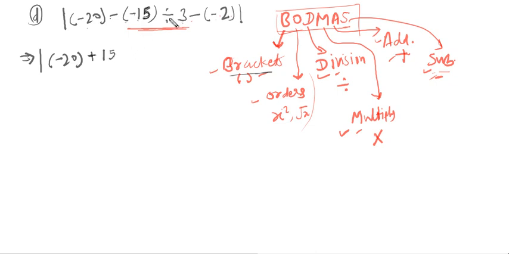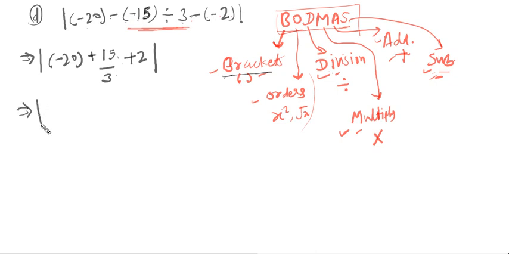Then this 3, I can write in this way: 15 upon 3, it is in division. Here minus will be plus, so it will become plus 2. So I have solved the bracket as well as then the division, 15 upon 3.